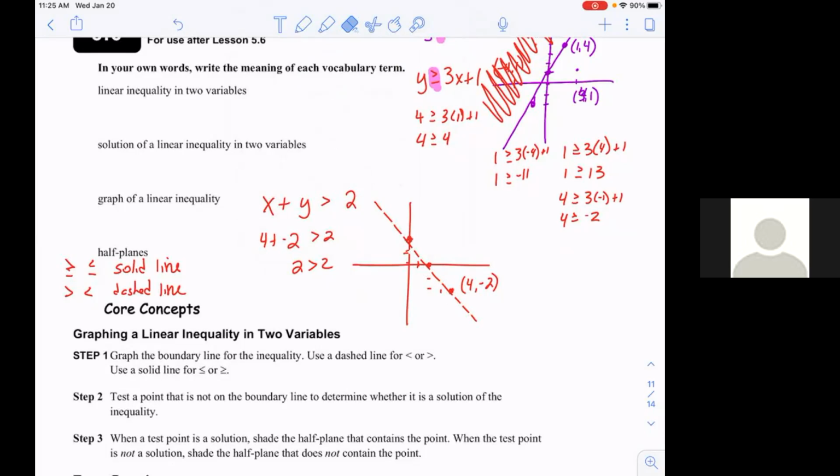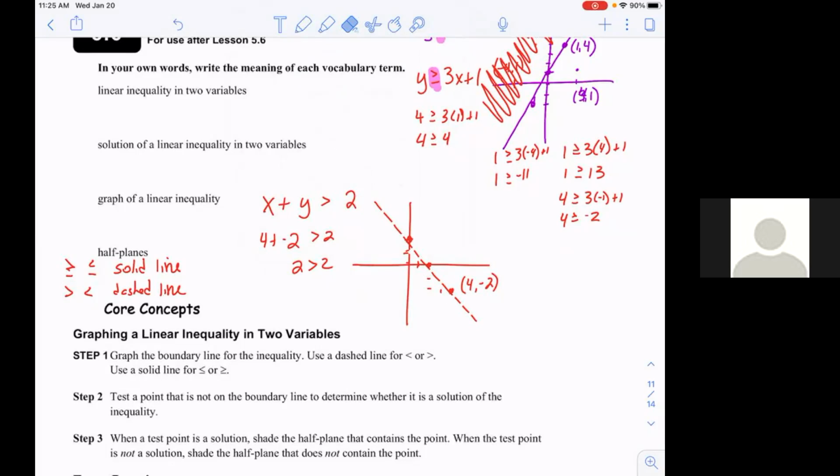We're going to make this into a dashed line. Okay, that is how we designate the difference between including or excluding the boundary line. I'll make this one a solid because it had the equal to sign. This one's dashed because it's not.